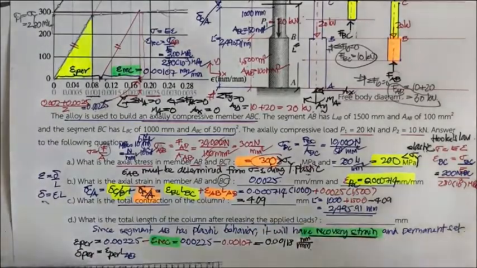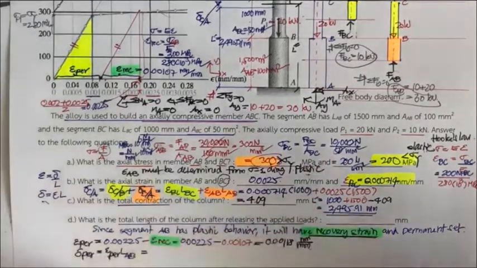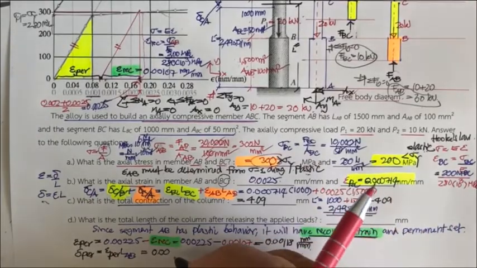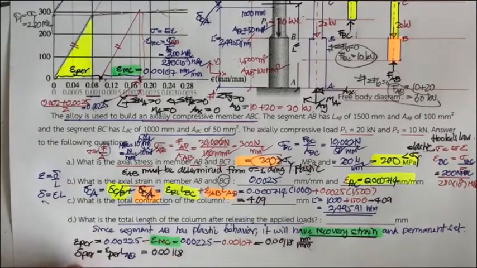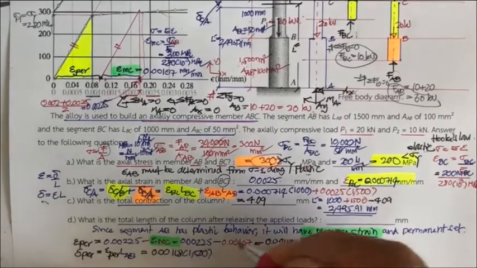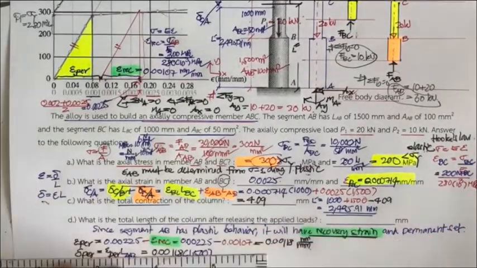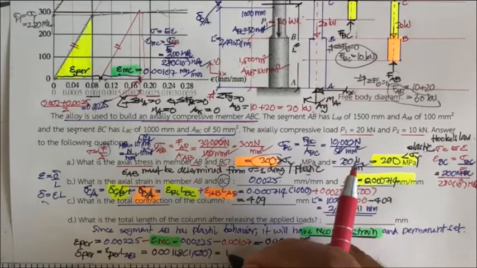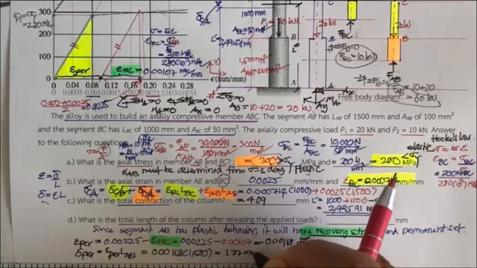That is 0.00118 times 1500, which gives 1.77 millimeter.